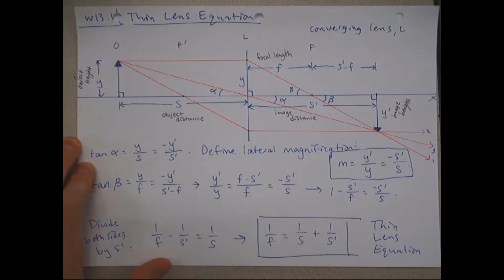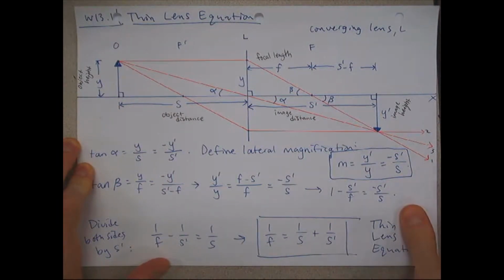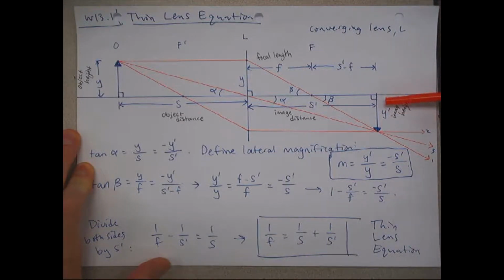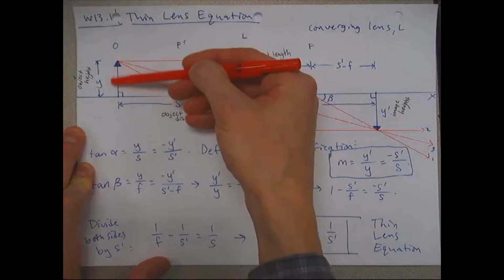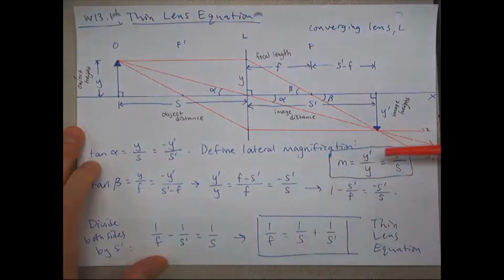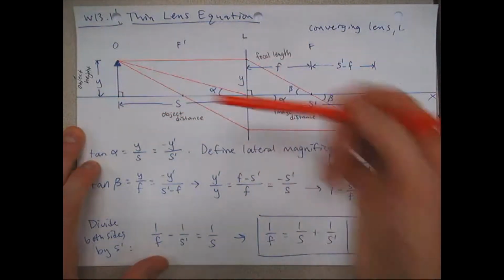The lateral magnification is the first definition we should get out of the way. That is simply the image height, lateral or perpendicular to the optic axis, divided by the object height over here. So y prime divided by y.